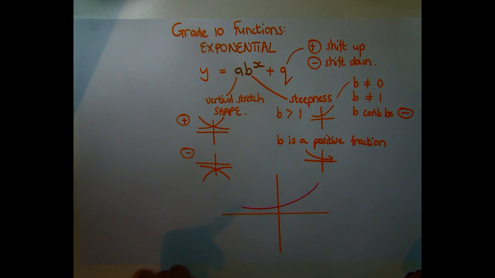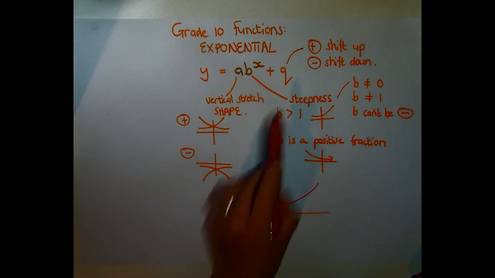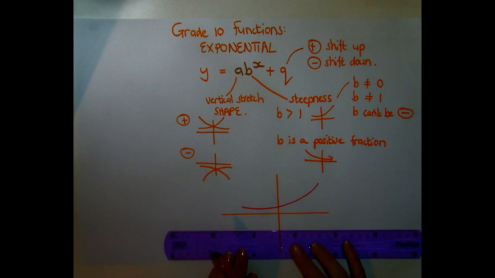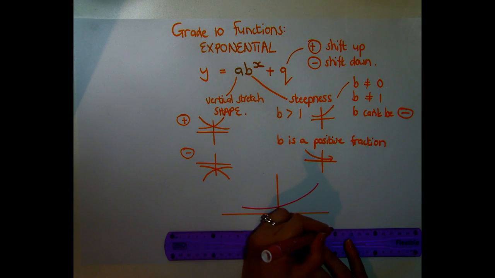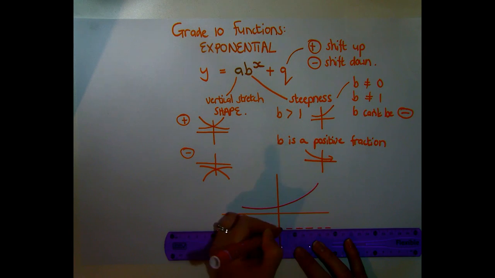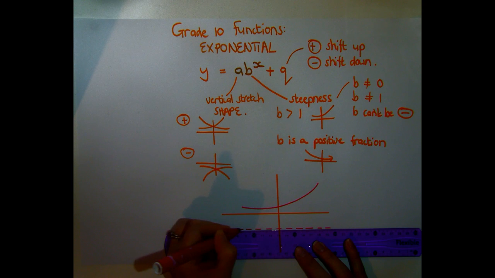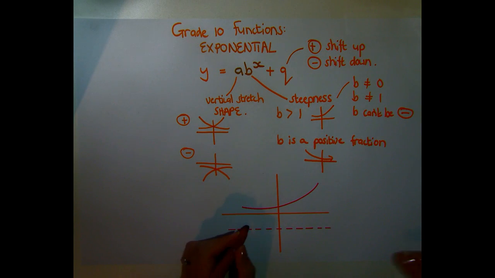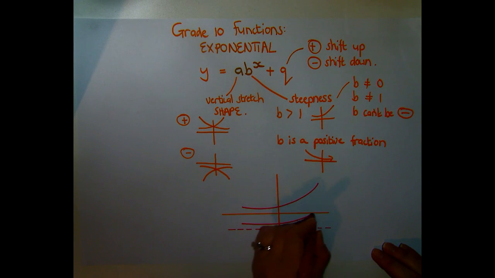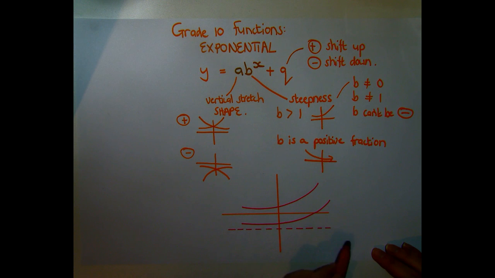But if we subtract, say, 2, and we take the graph of whatever this is and minus 2, the q value is going to be negative 2. I'm just going to estimate, and I'm going to put in an asymptote here. And if we move everything down, you're going to see that it'll be exactly the same as that, only now it's going to tend towards this line over here.